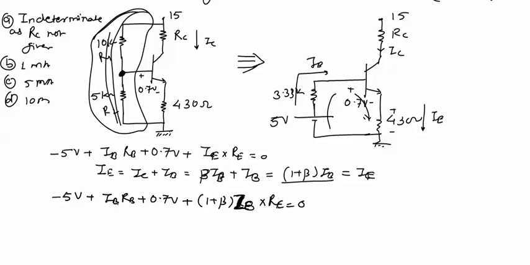Now in this equation we have one current IB, but beta is also there in this equation, and in this problem beta is not given. As beta is not given, we cannot calculate the base current IB, and if we cannot calculate this base current IB, we cannot calculate the collector current IC.